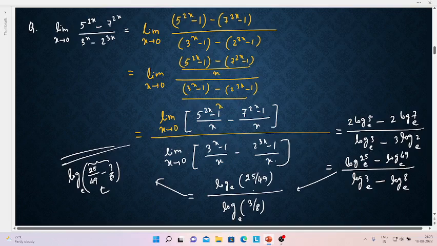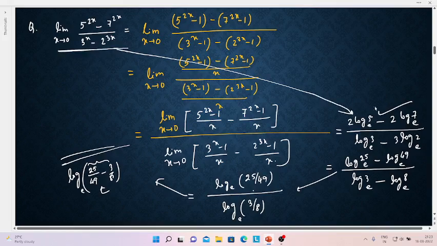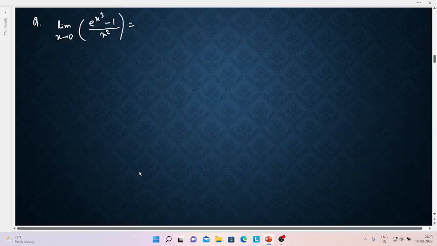You can leave this particular thing as it is, there will be no issues. The answer of this given equation is this, and this is also, because they are both the same. I'm just using some properties of logarithm, right? So you can understand how we can solve this question. So let's move to another question.